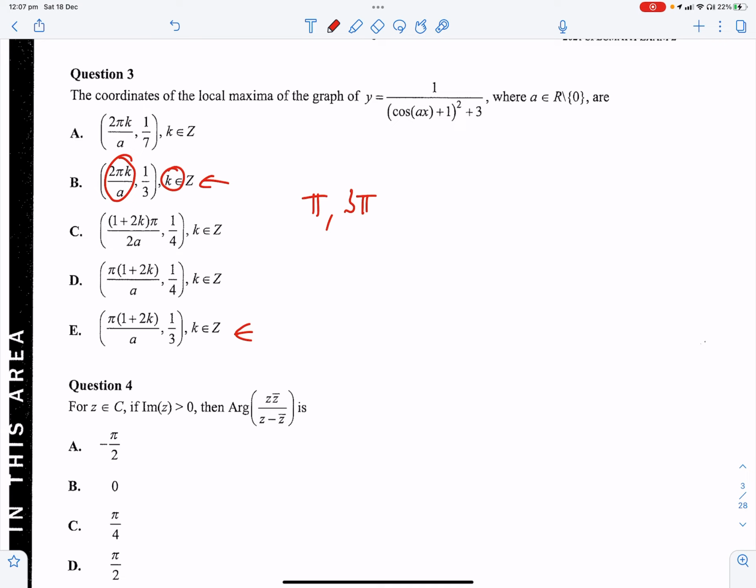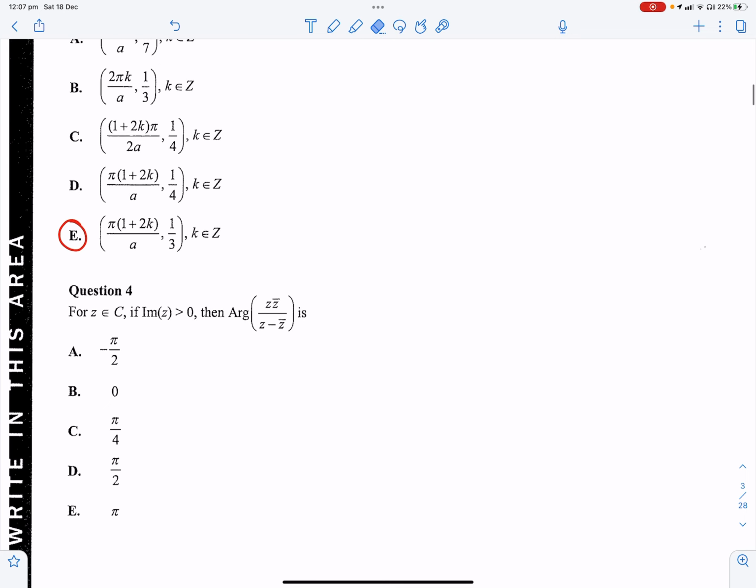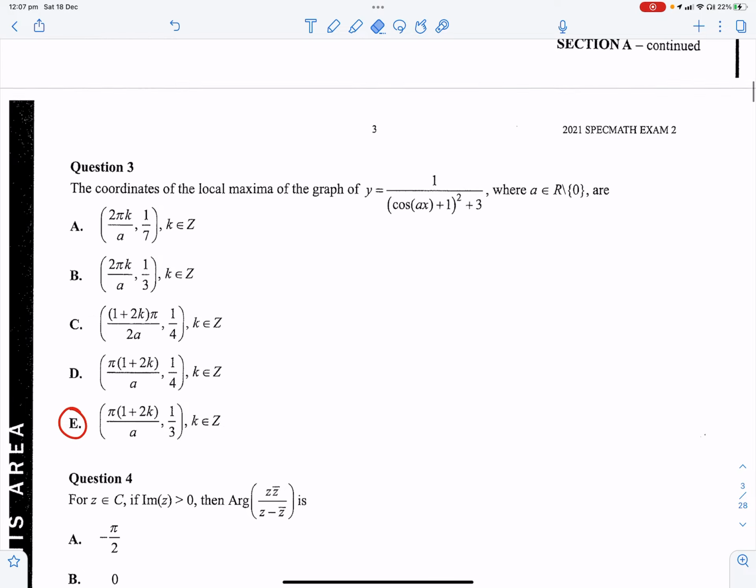If I know a is 1, which we just did, there's no way here that I could get 3 pi. The only way I could do it is here, because when k is 1 and a is 1, we get 3 pi as a solution. There's lots of other ways you could have done that. You could have derived it, set it equal to 0, etc. But I think that's easiest.